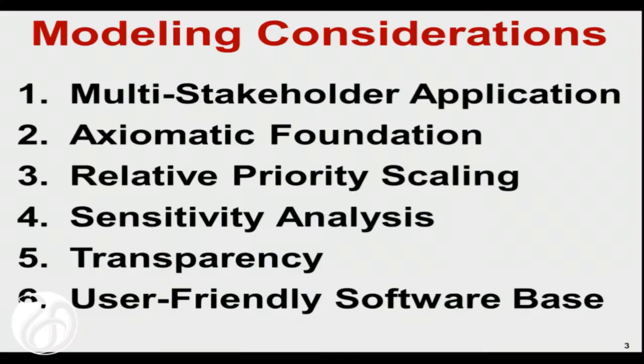Second is we wanted the tool to have an axiomatic foundation that was solid, that was not susceptible to goofy results because of particular inputs. The model we chose to use, multi-attribute utility theory, in fact, has well-established capabilities in that area. It is not easy to address to first-time users, but it is axiomatically solid.